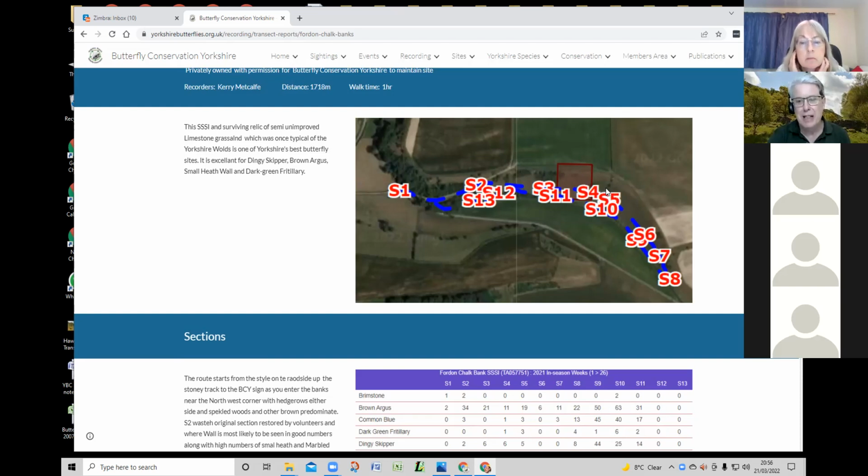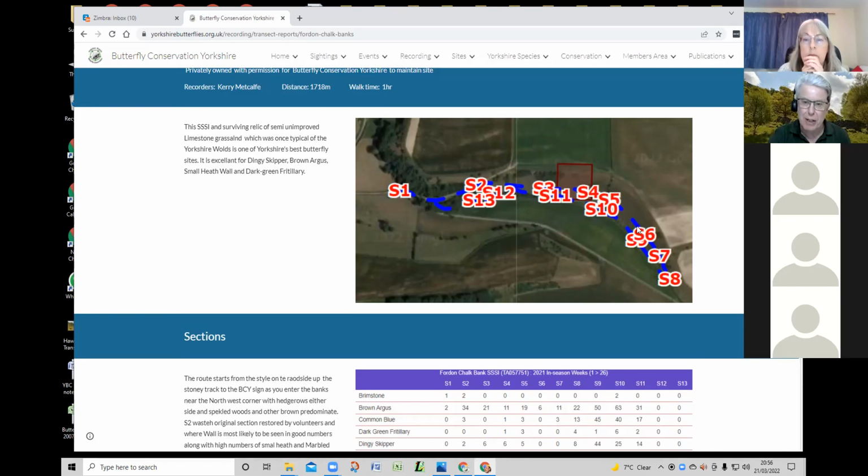This year we set about doing this east half, particularly after Kerry, who's our walker there, found that most of our species occur anywhere along particularly the southern half of the site. This is a steep slope.